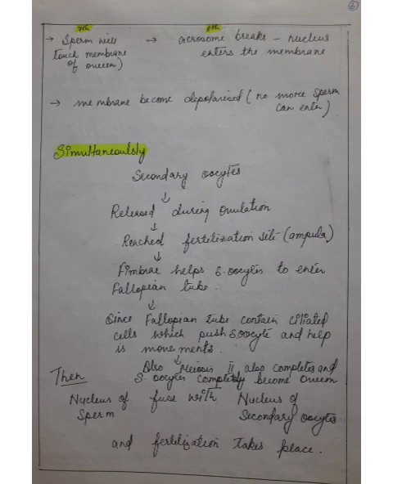In the previous class, when I was teaching you the menstrual cycle, I told you about meiosis 2. It was not completed then, so meiosis 2 is completed here during fertilization. The secondary oocyte completely becomes an ovum.